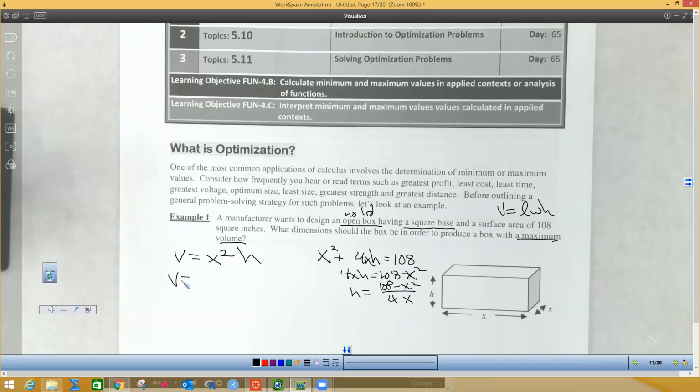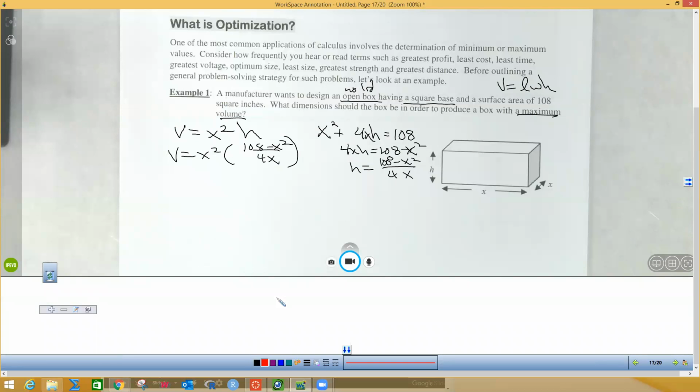So I take this as x squared, and I'm going to stick in here 108 minus x squared, all over 4x. Now I would simplify this whole thing first. I hope you can see that we can reduce this x with one of these x's. That means I'm going to have a leading coefficient of 1/4.